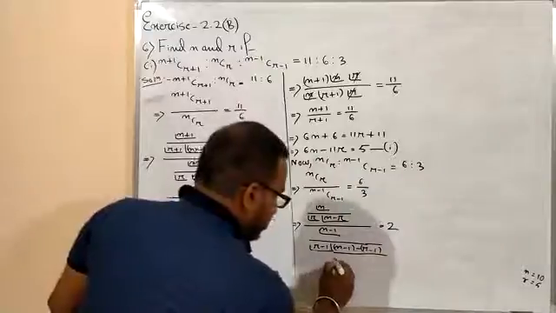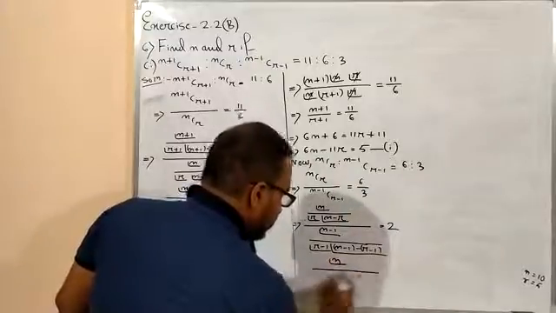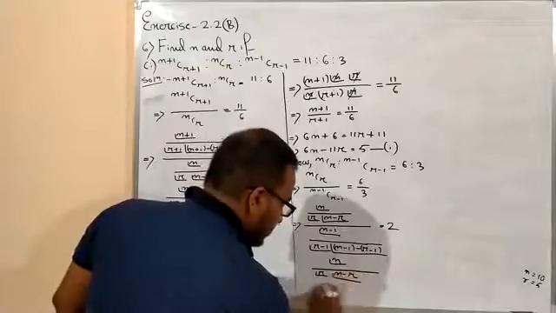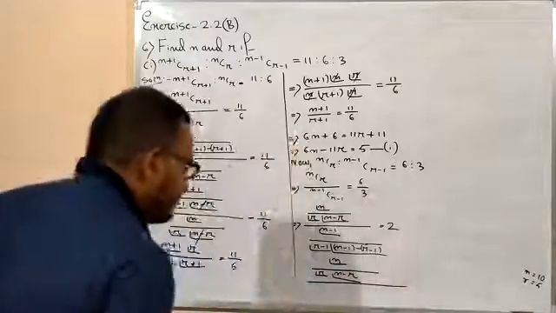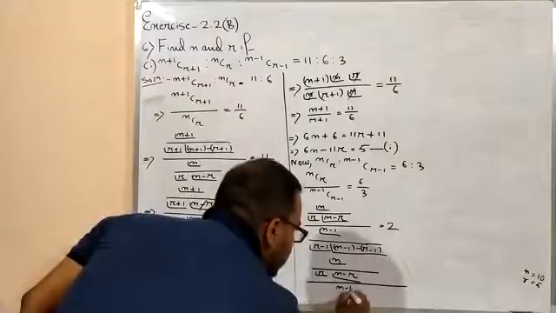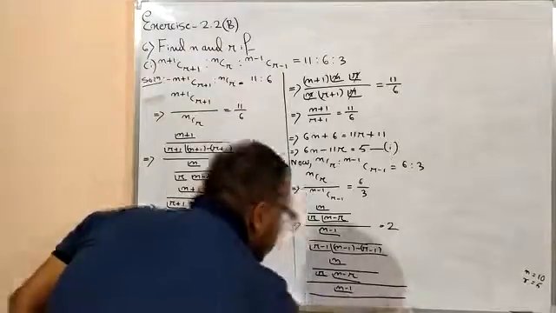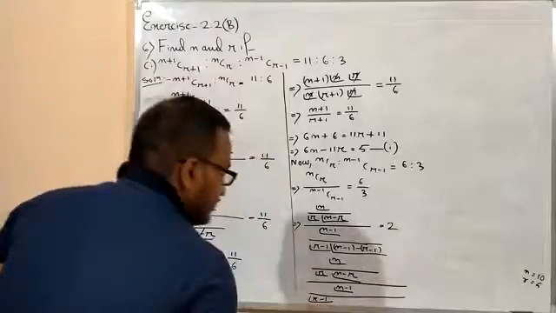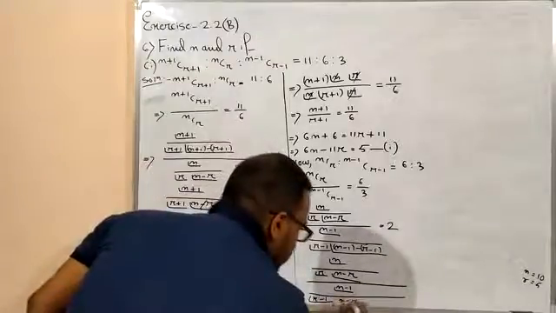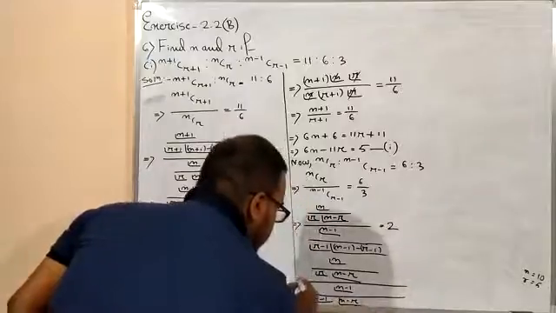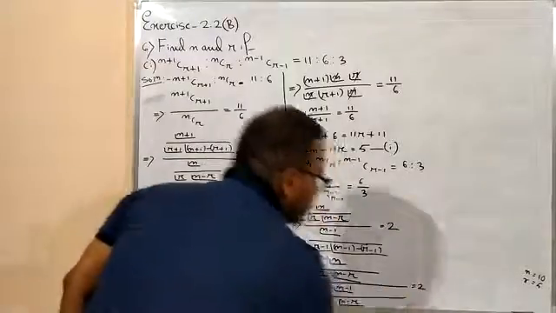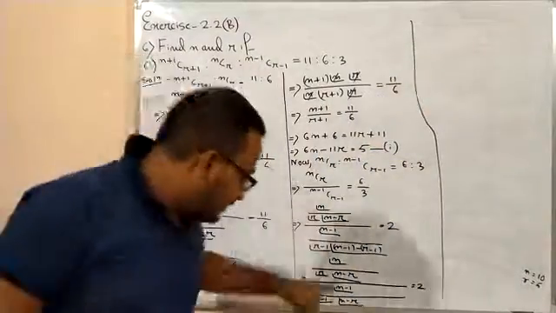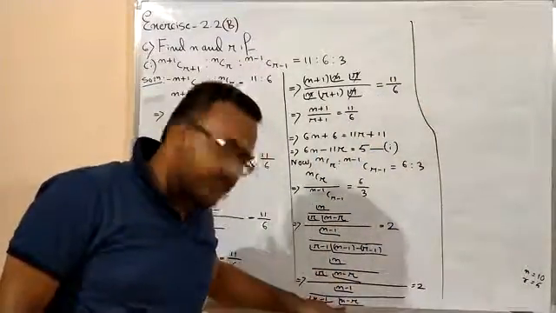Whole thing divided by factorial n minus 1, divided by factorial r minus 1 then n minus r, equals to 2. Now this factorial n minus r cancels with this factorial n minus r.